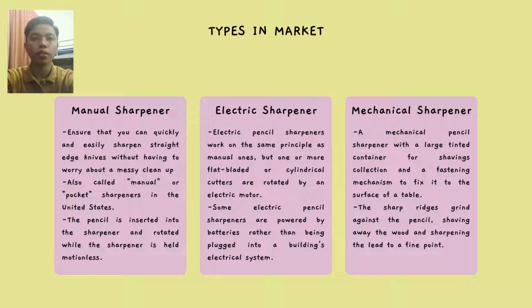The last one is the mechanical sharpener. A mechanical sharpener with a large tinted container for shaving collection and a fastening mechanism to fix it to the surface of a table. The sharp ridges grit against the pencil, shaving away the wood and sharpening the lead into a fine point.